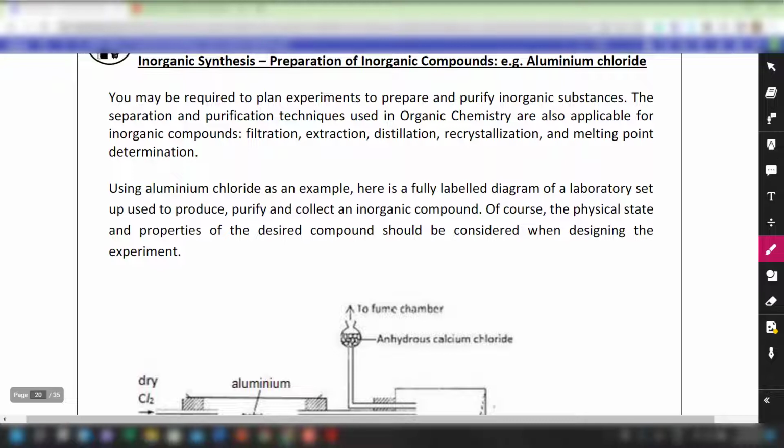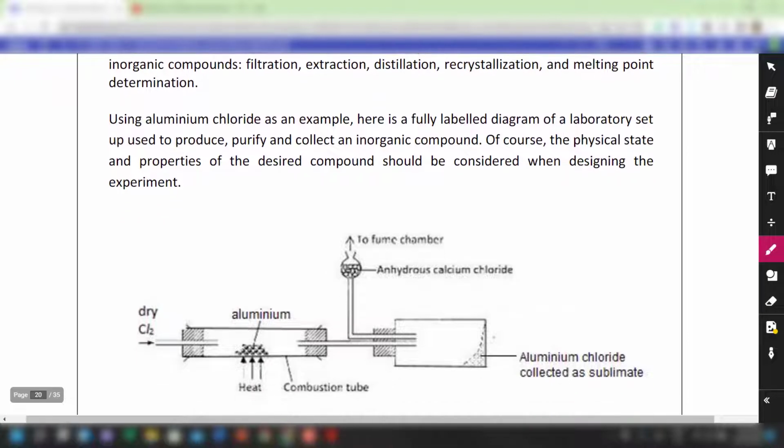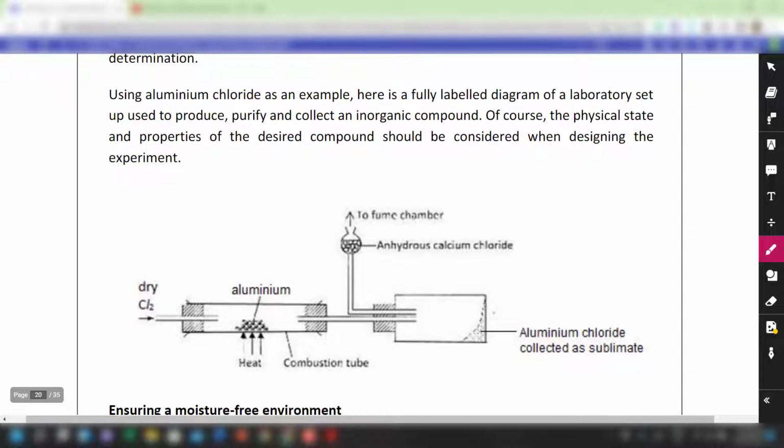In fact, if you go to university to study chemistry, a lot of the experiments in organic and inorganic chemistry will have very high similarities. So for aluminium chloride as an example, how are we going to prepare it? We're going to subject aluminium to dry chlorine in a combustion tube.